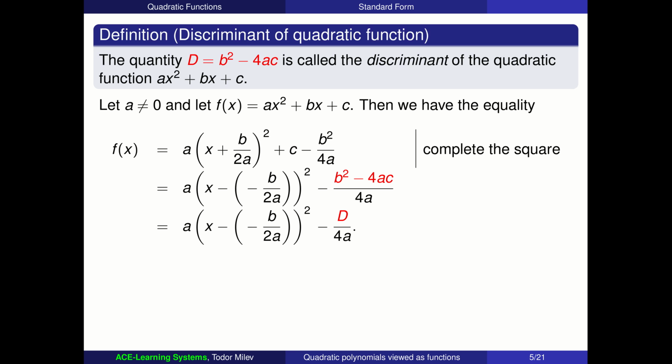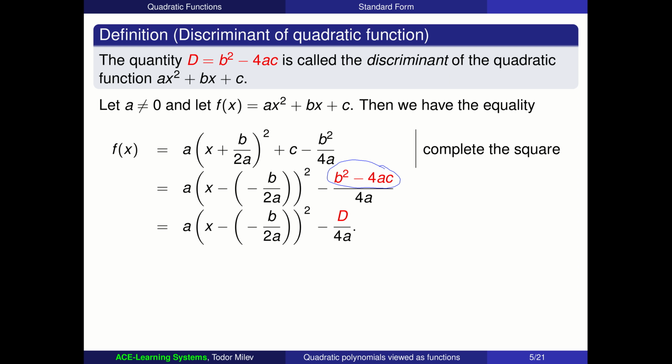The next thing I'm going to do is take this expression b squared minus 4ac and give it a name. You'd say, why would I want to name such an expression? Well, because that expression is going to appear frequently when we deal with quadratic equations.